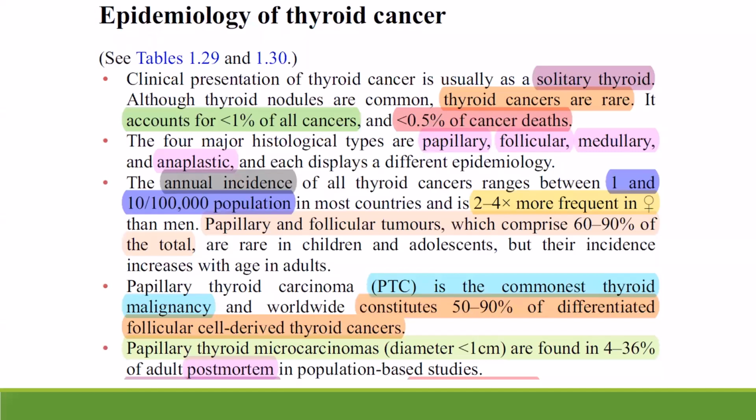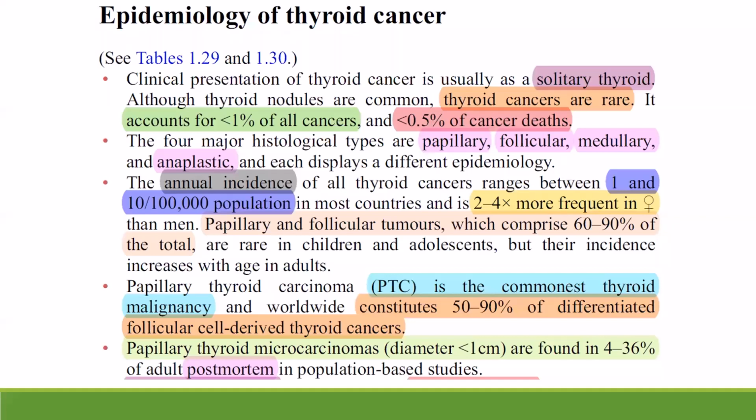As I mentioned previously, papillary thyroid cancer is the commonest thyroid malignancy and represents about 50 to 90% of differentiated follicular derived thyroid cancer. Papillary thyroid microcarcinoma, which is papillary carcinoma less than 1 centimeter, is found in about 4 to 36% of adults postmortem, and this represents a very benign pattern of thyroid malignancy.